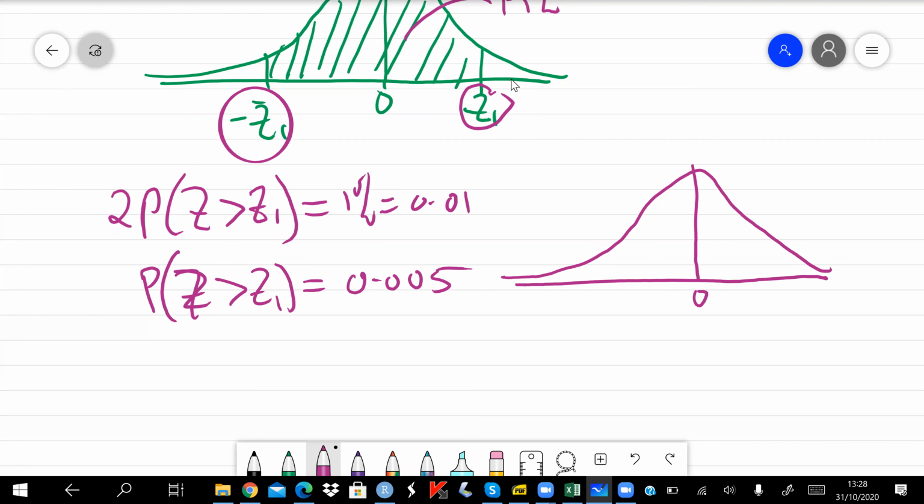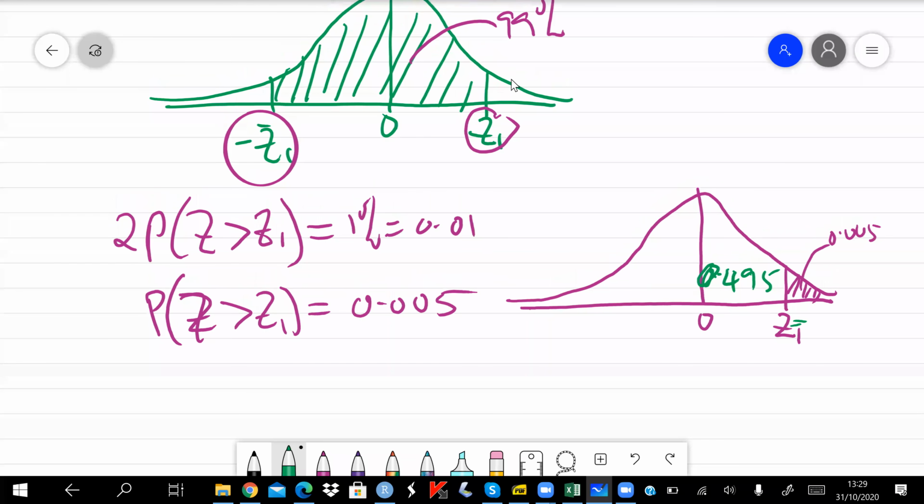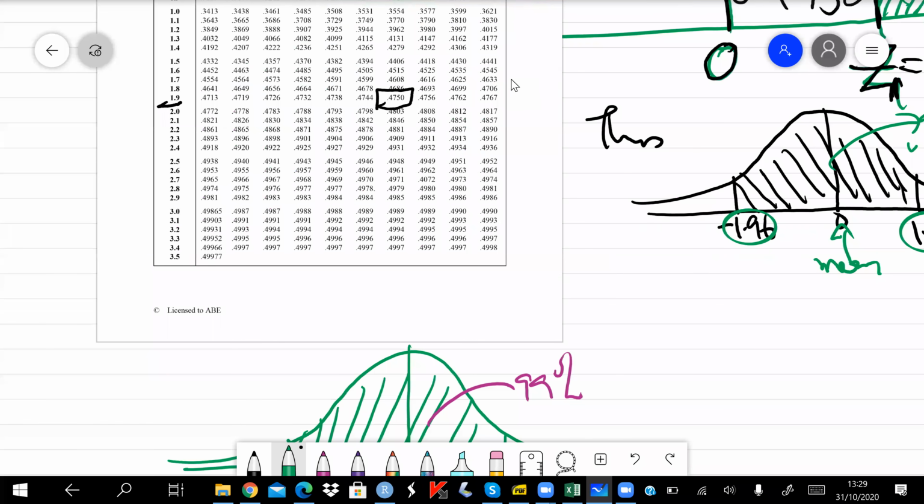We have 0, then here we have Z1. If this is 0.005, we know the remaining area here is 0.495. So that's the area we should look for in the tables. It will give us a value of Z, 0.495.